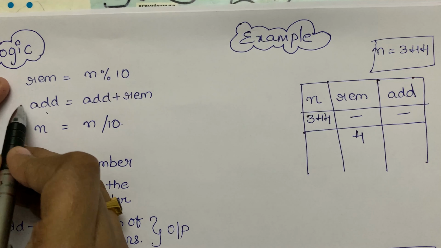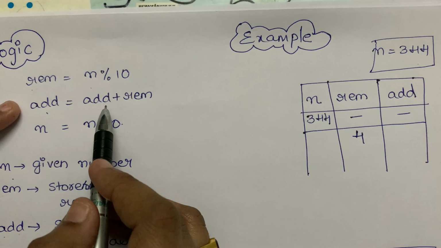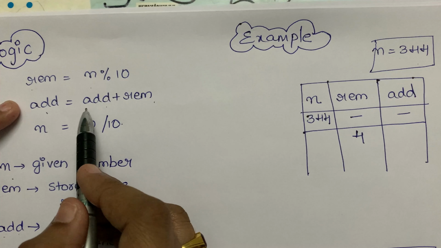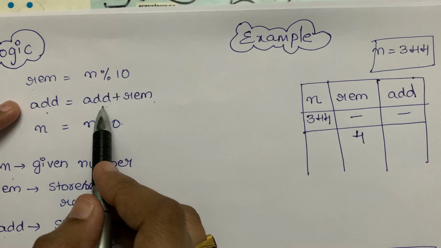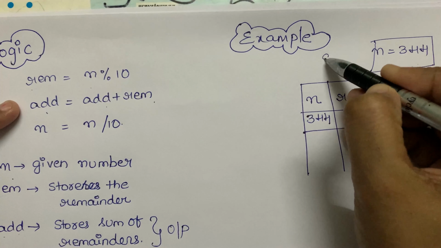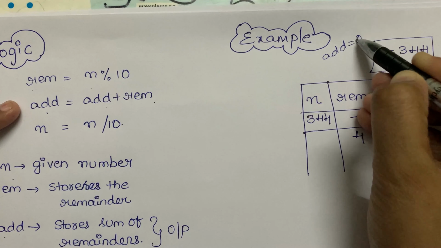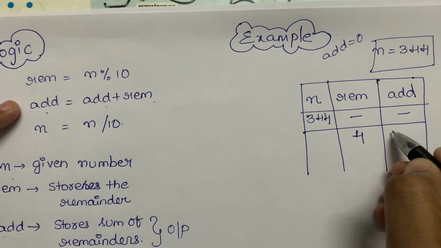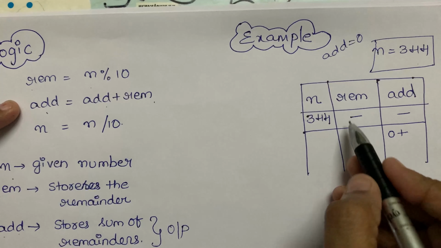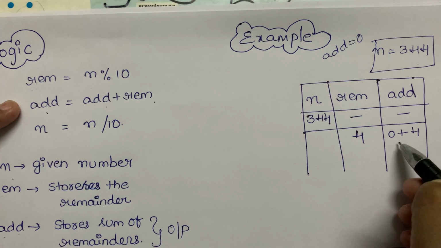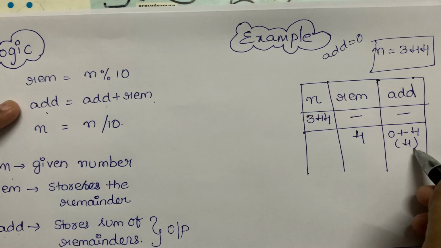The next step is add is equal to add plus REM. What is the value of add here? It will be by default 0. We will be assigning it in our program. So add is equal to 0 plus the remainder value 4. So what will be the output here? 4.